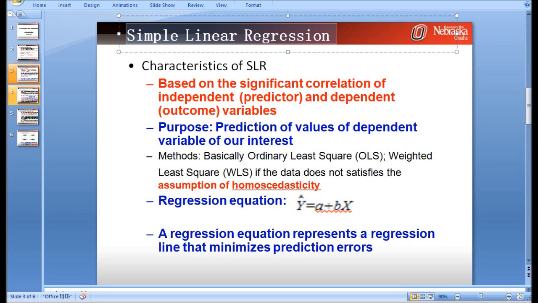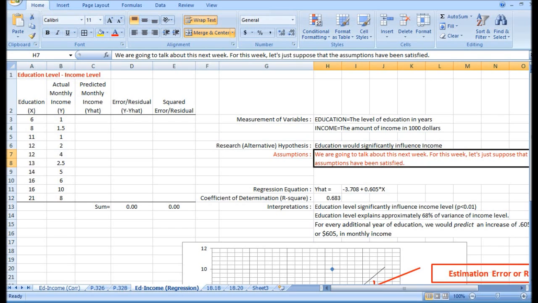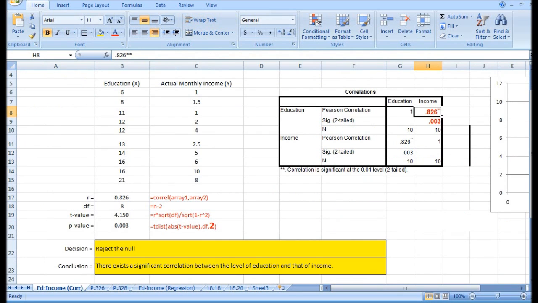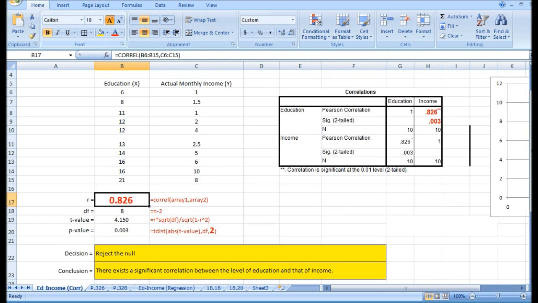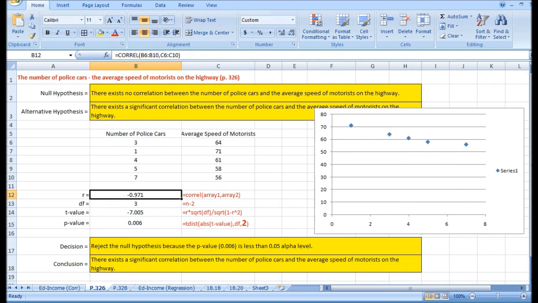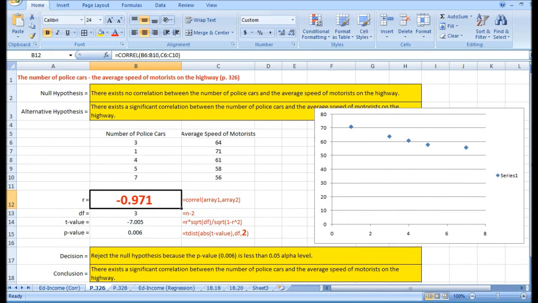What I'm saying is that the correlation coefficient is just a single number, right? Let me show you, to recall your memory, the correlation coefficient is just a single number like this.